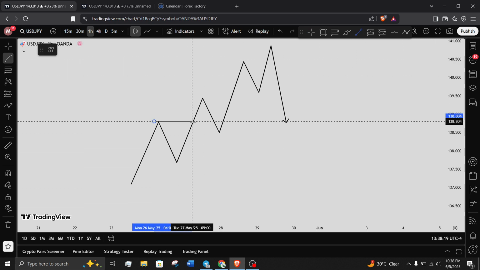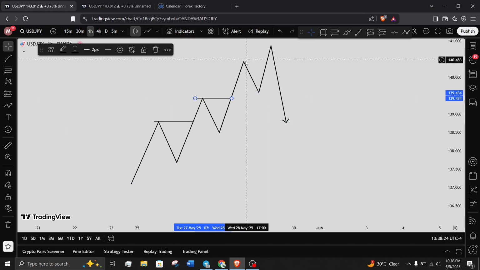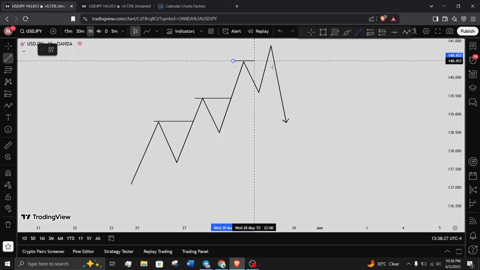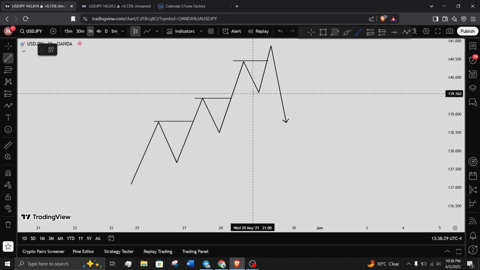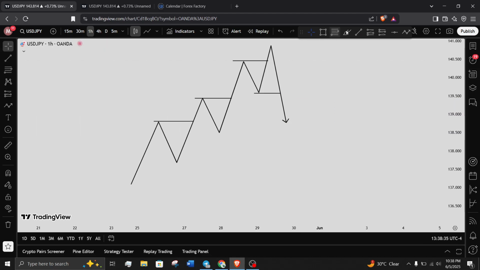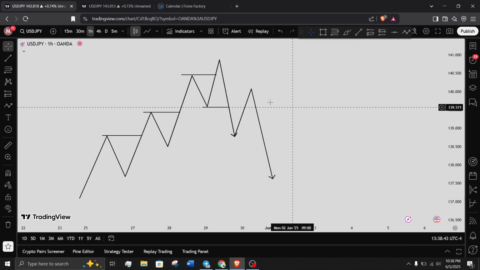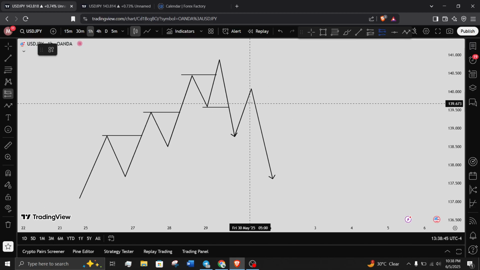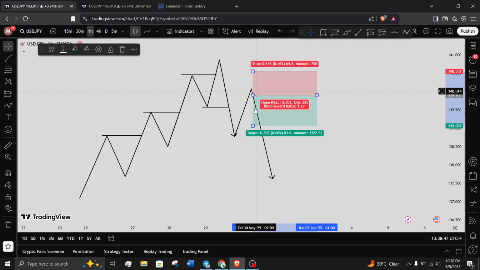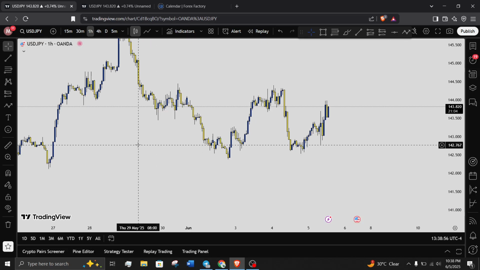If I mark it like here, this is your break of structure, this is your break of structure, this is your break of structure, and this is your choke. Choke usually means the trend is reversing, and how we react here is we wait for a retracement to enter sells and continue moving downwards. So we use choke for positions like this. This is a basic scenario. You can see those videos for a better understanding.